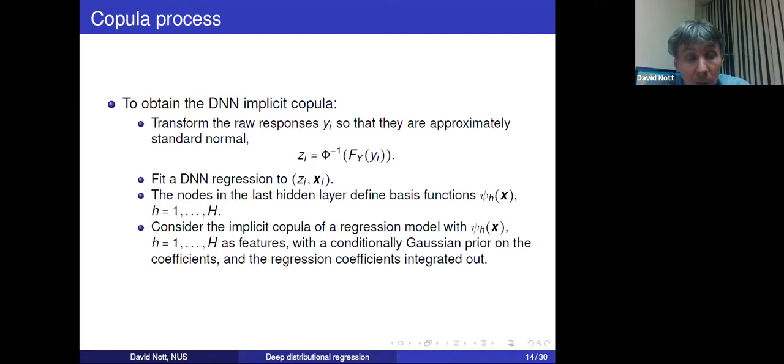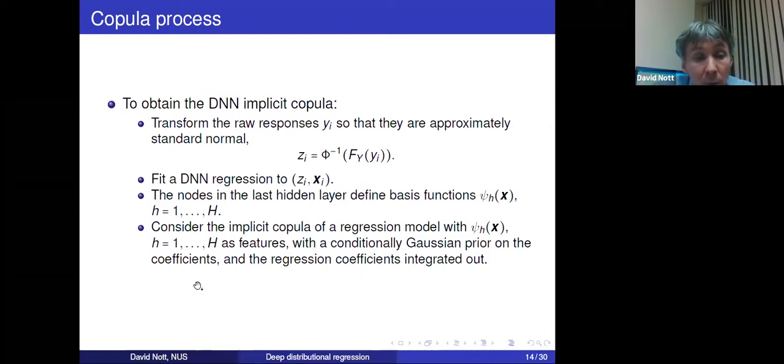When you integrate out the coefficients over that conditionally Gaussian prior, we use the correlation function of that Gaussian process, if you like, to define our copula. Now the copula depends on the parameters in the prior on the coefficients.